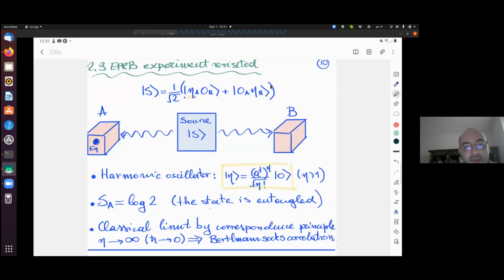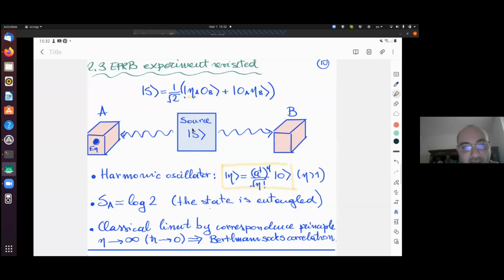The state is prepared this way: we have a state with energy E_eta in A and energy corresponding to the quantum number 0 in B, and then the state is symmetrized like that.